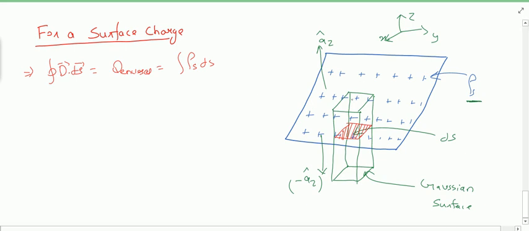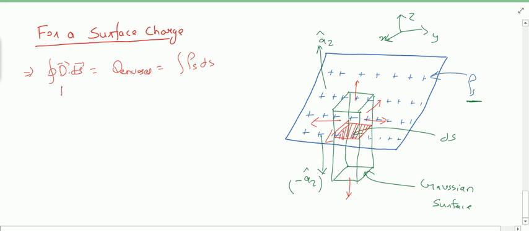The surface vector for the top surface will be in this direction, the bottom surface in this direction, and for the sides it will be like this. You can see for the four sides, this side, back side, and this left side, the surface vector and the displacement flux density vector or the electric field intensity vector are perpendicular.